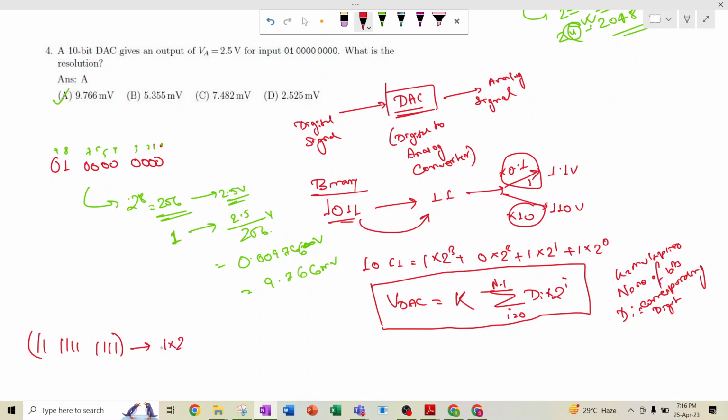It will be 1 into 2 to the power 9 plus 1 into 2 to the power 8 plus 1 into 2 to the power 7 plus 1 into 2 to the power 6 plus 1 into 2 to the power 5 plus 1 into 2 to the power 4 plus 1 into 2 to the power 3 plus 1 into 2 square plus 1 into 2 to the power 0. That is equal to 2 to the power 10 minus 1. And 2 to the power 10 means what?